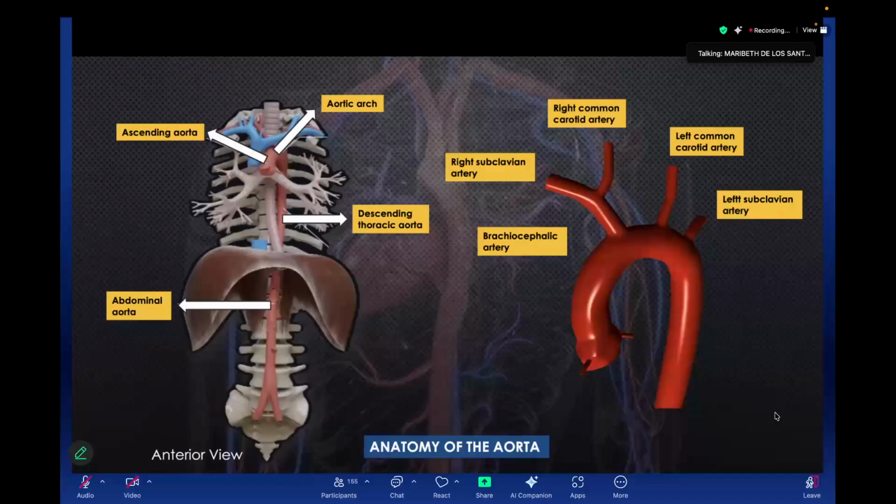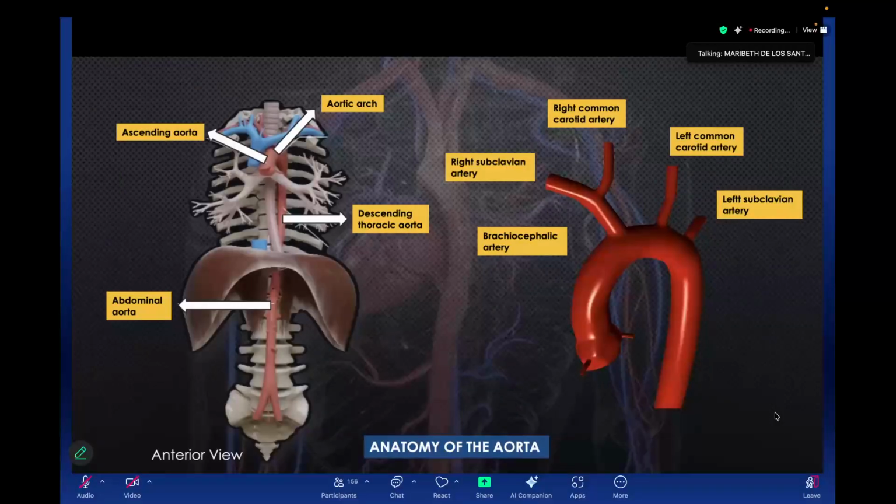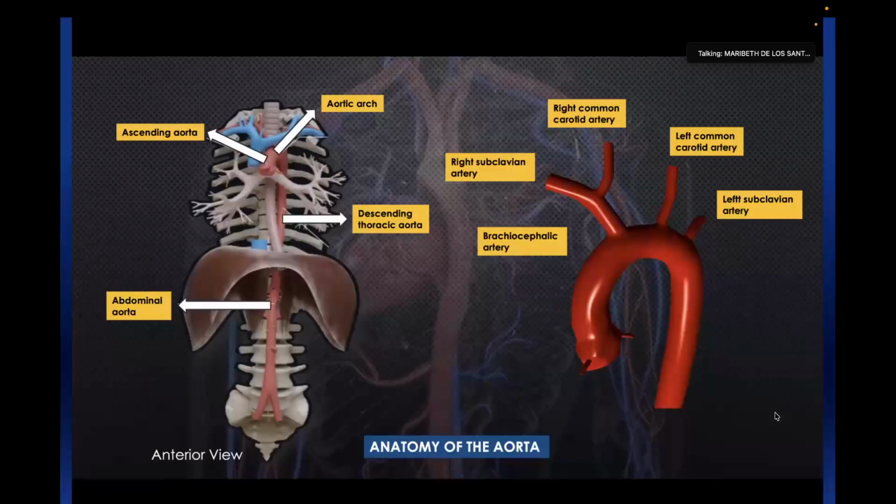This is a lot of bearing when you go to the manifestations of aortic aneurysm and dissection, because most of the symptomatologies of these diseases are related to the structures adjacent to them.